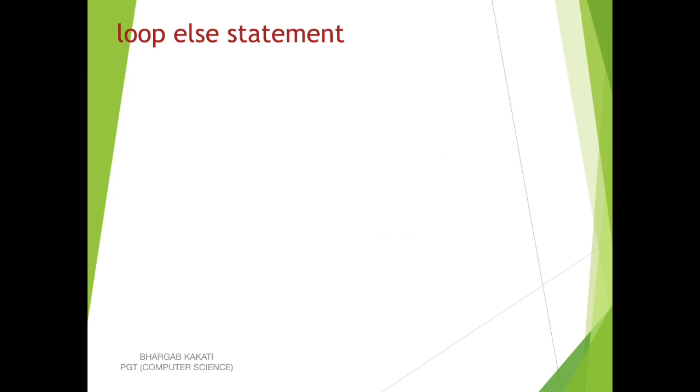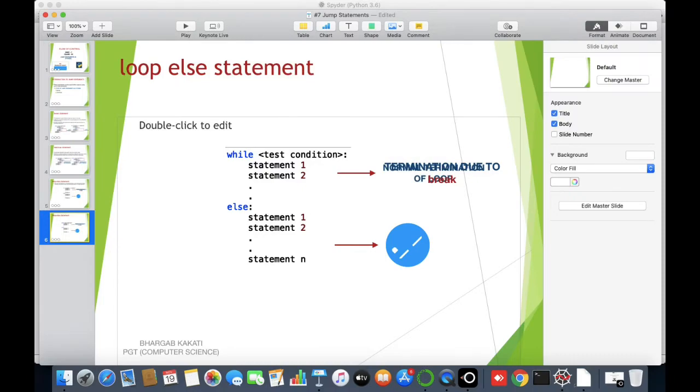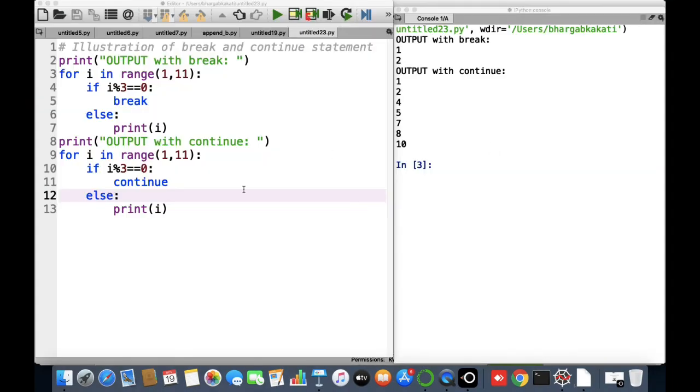Again, if we try to understand the same concept with respect to the while loop, here also, if the loop is terminated normally, then the else statement will be executed. But within while, if I have break and the loop terminates because of the break statement, then the else part will not be executed. Okay, so let's try to understand it with the help of an example.